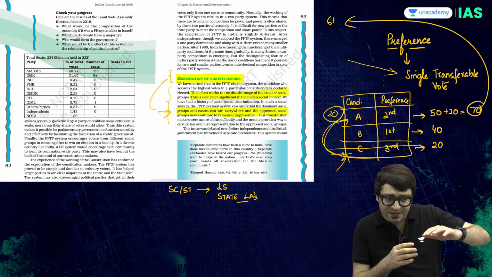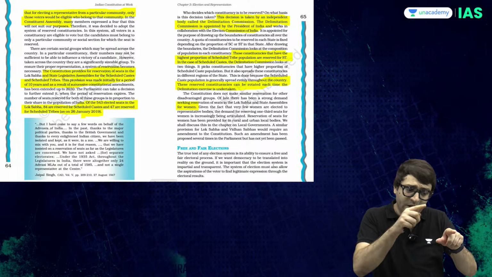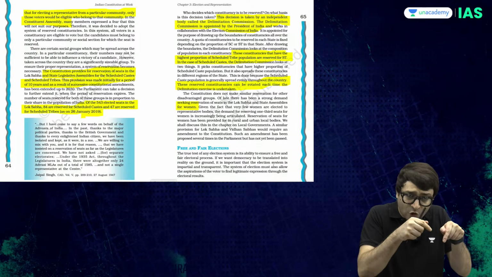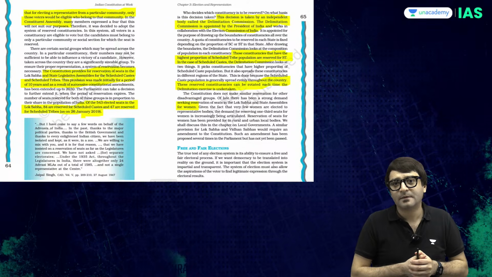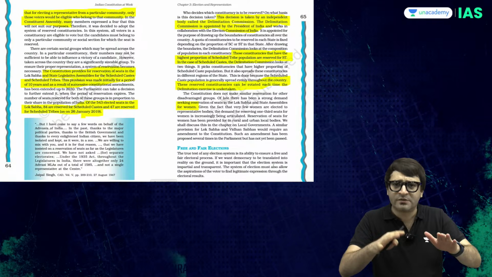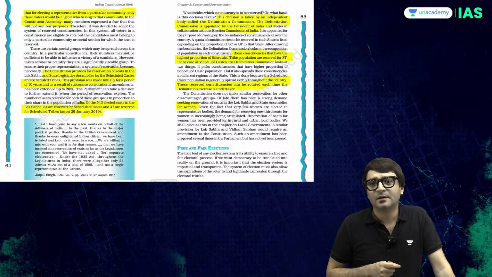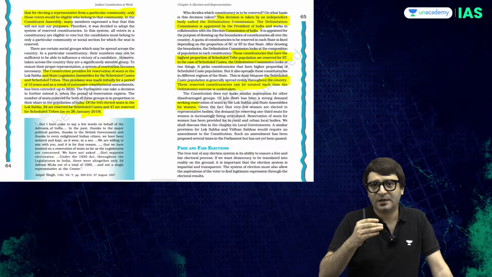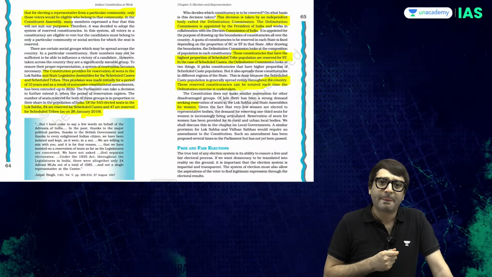For example, there were some seats reserved for Muslims, which means only Muslims could contest elections, and only Muslims could vote in these elections for those constituencies. And there is a general consensus now that the separate electorate system resulted in the unfortunate partition of this country along the lines of religion in 1947.